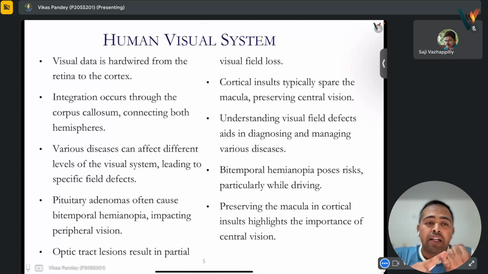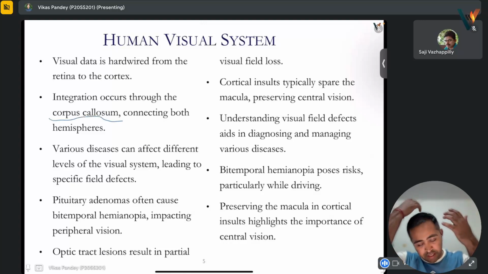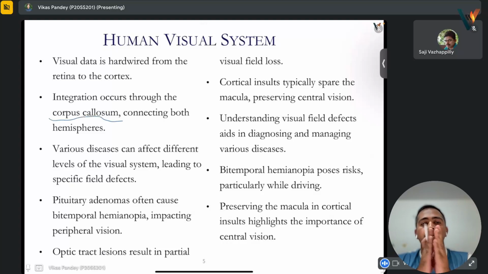The integration occurs through the corpus callosum connecting both the hemispheres. In the center there is something called the corpus callosum, the right hemisphere, left hemisphere connection. We have two eyes, stereoscopic eyes, so both things are integrated. The signals are integrated there.